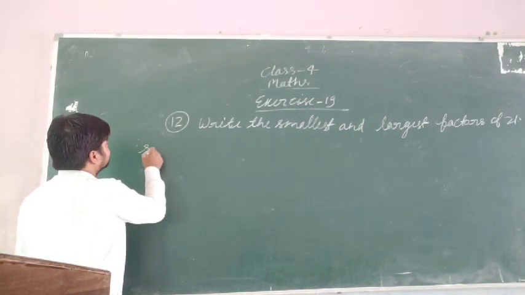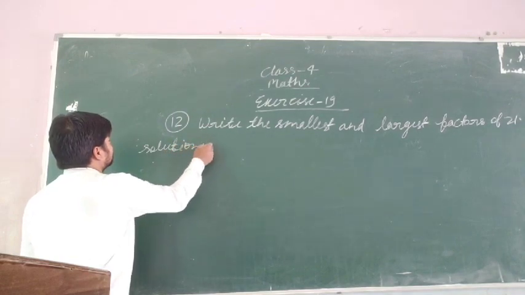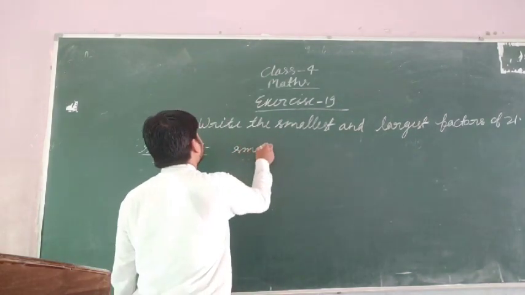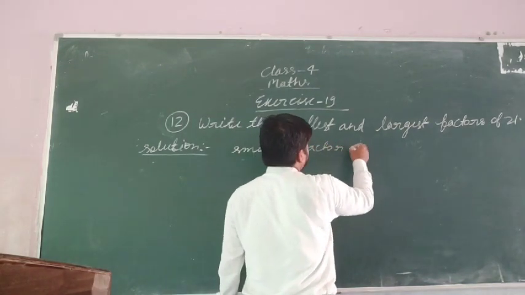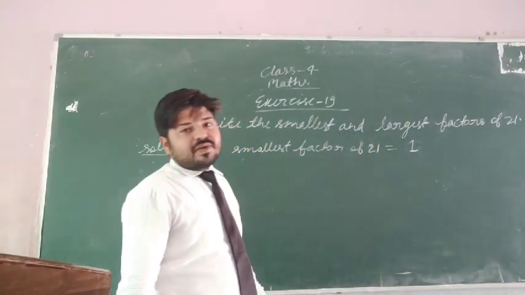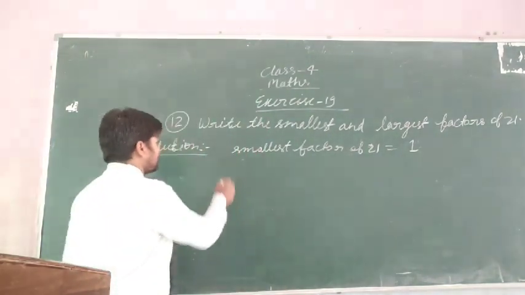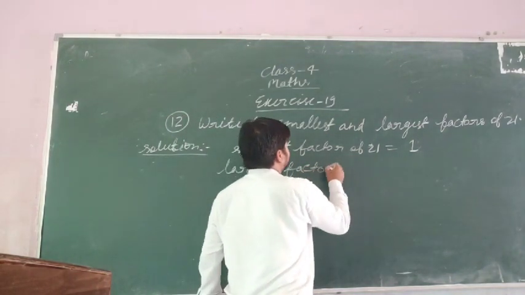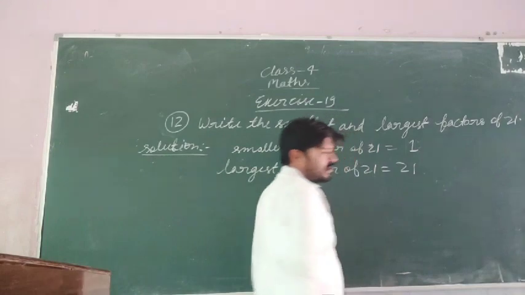So you have to write here smallest factor of 21 equal to 1. The smallest factor of any number, beta, will be 1 and the largest factor will be the number itself. So largest factor of 21 equal to 21.